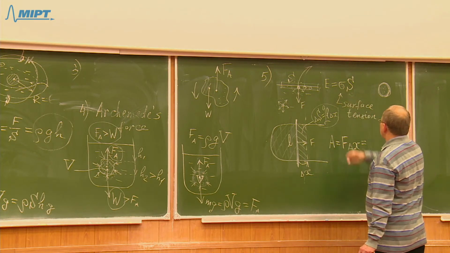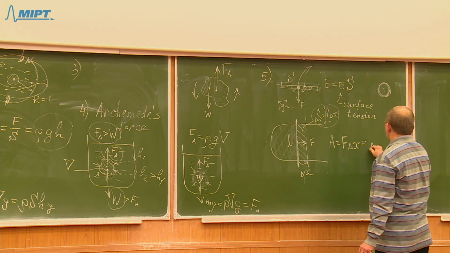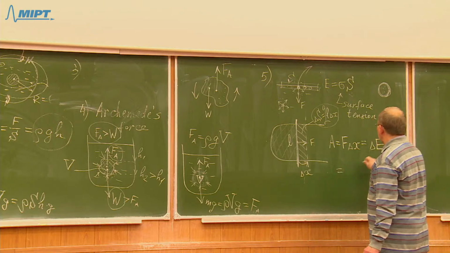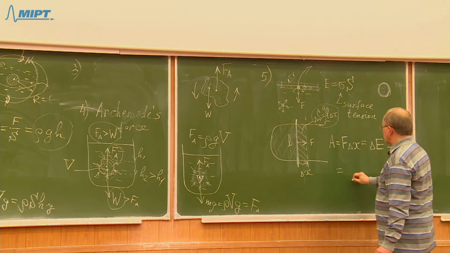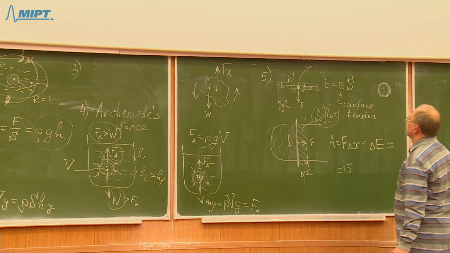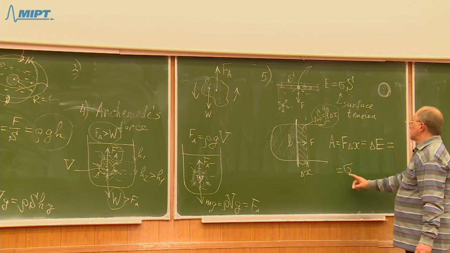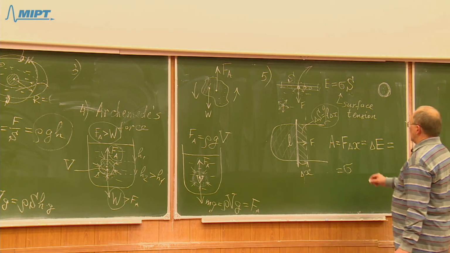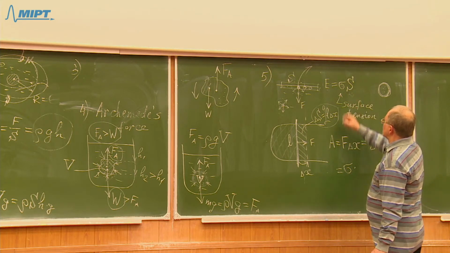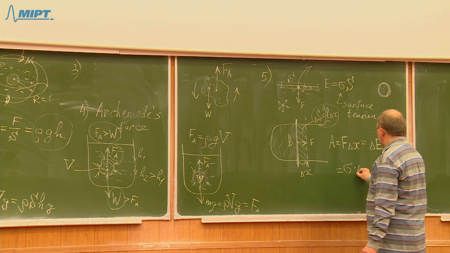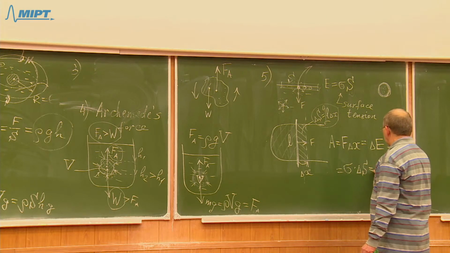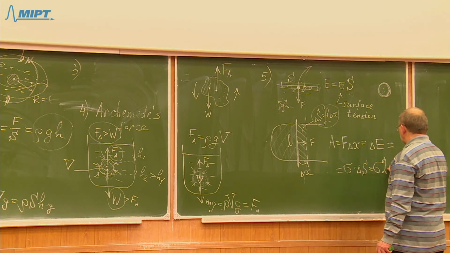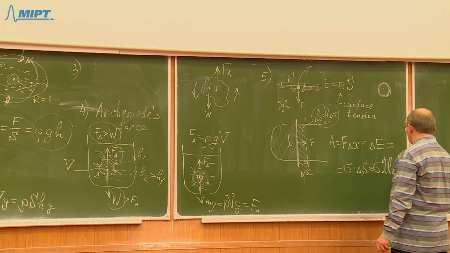And the increase in potential energy, I will denote it by delta E. The increase in potential energy can easily be calculated from this formula. It will be the constant quantity, the surface energy, the energy of a unit area of the surface, multiplied by the change in delta S. And that will be finally sigma times 2L delta X.